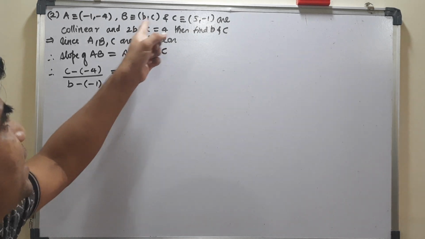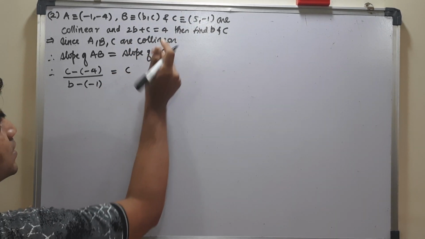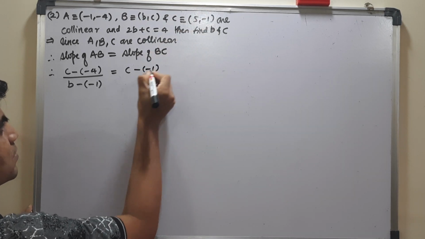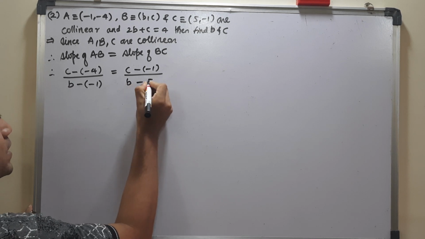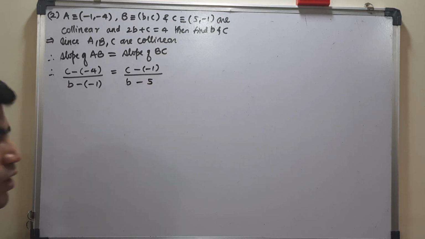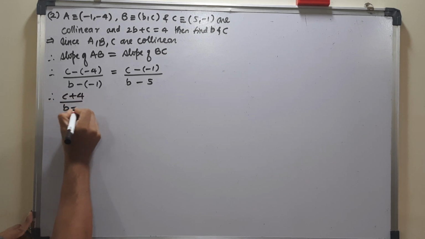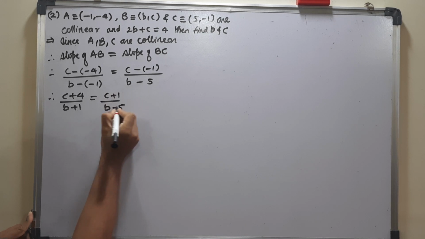So here also I will take the unknown first, that is C, the y coordinate minus the y coordinate, and the x coordinate minus the x coordinate. Okay, so what I get here is (C plus 4) upon (B plus 1) is (C plus 1) upon (B minus 5).